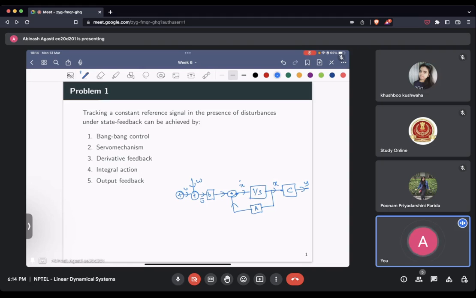All right, then in standard state feedback, what do we do? We get the state, have some gain matrix, feedback gain matrix K, and then send it as the input in a feedback form.